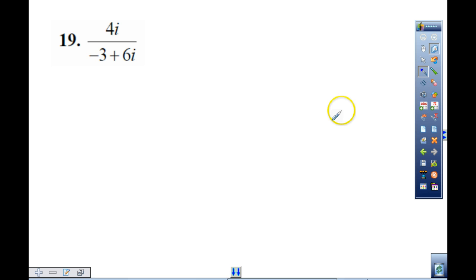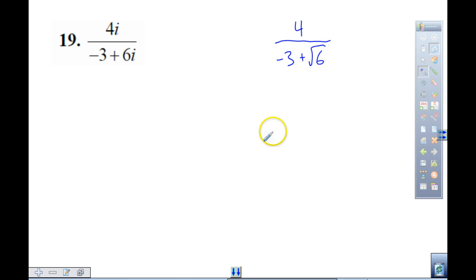And I'm going to do a very similar problem right next to it at the same time, because the steps are identical. So the fact that this is an i, remember an i is just a square root of negative 1.